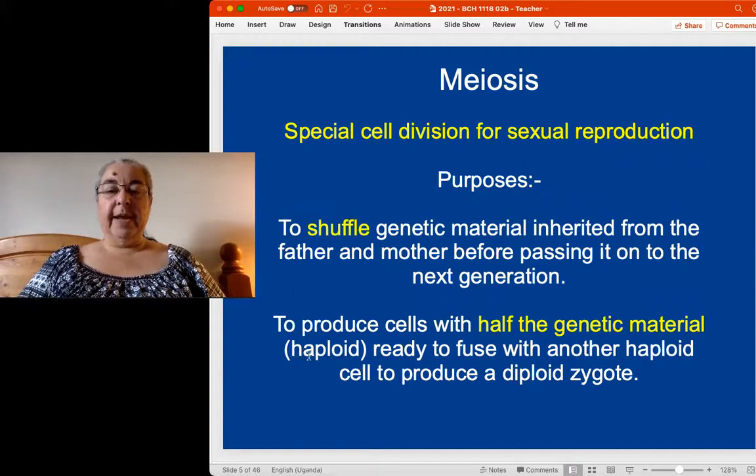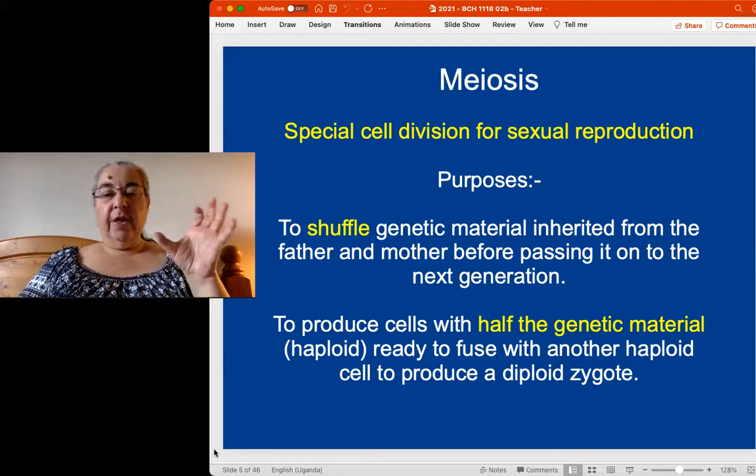Haploid, a word meaning half. So when two haploid cells fuse together, two cells with half the normal genetic material, they fuse together and produce a diploid zygote. Okay, so I hope you're understanding the words.